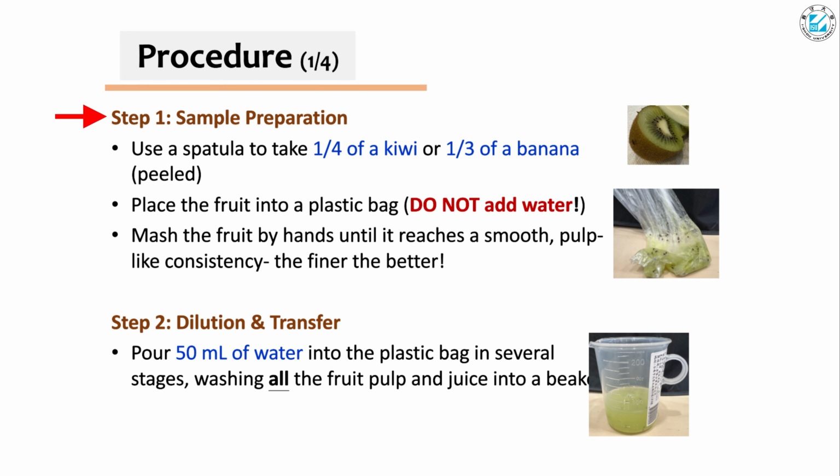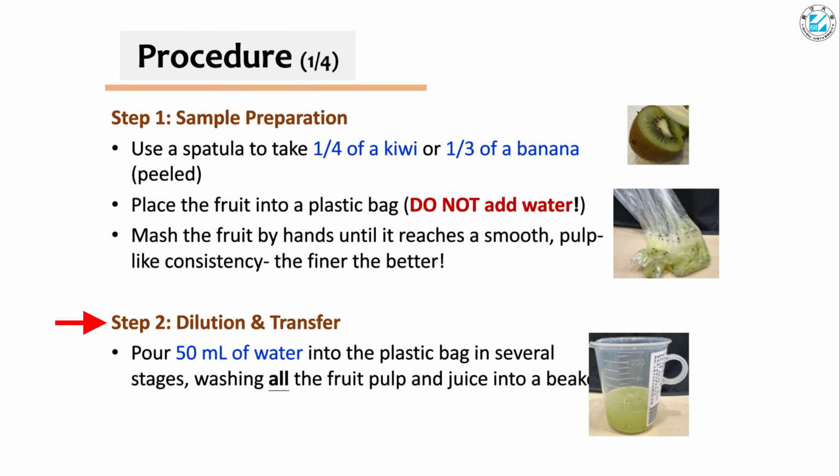Okay, be careful. Do not add water. Just put the kiwi in the plastic bag and mash the fluid by hand until it reaches a smooth, porridge-like consistency. The thinner, the better. So let's move to step 2.